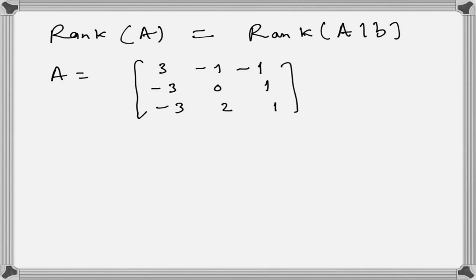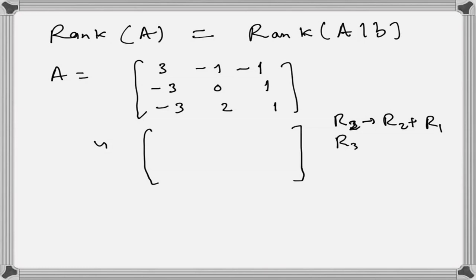Then we apply the row transformations R2 is R2 plus R1, and R3 is R3 plus R1. So the first row is the same. Then this is 0, minus 1, 0, and 0, 1, 0. Alright, so now let's reduce it further.